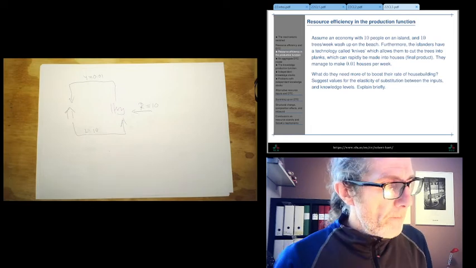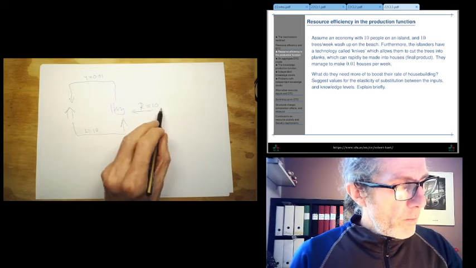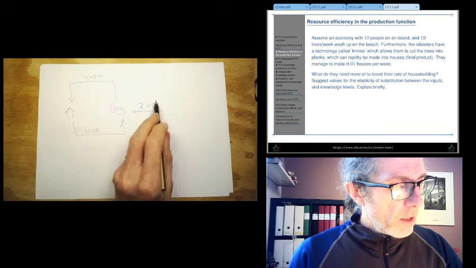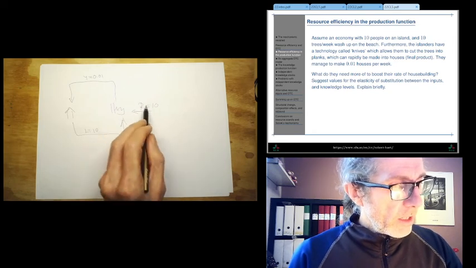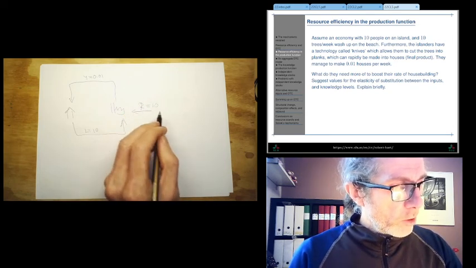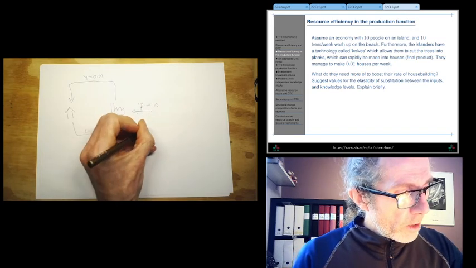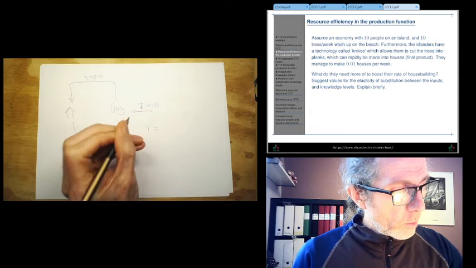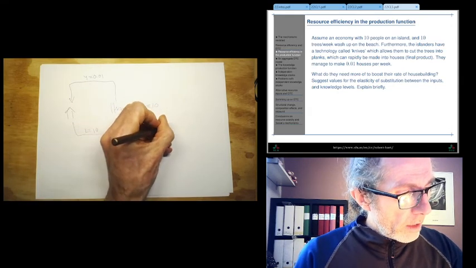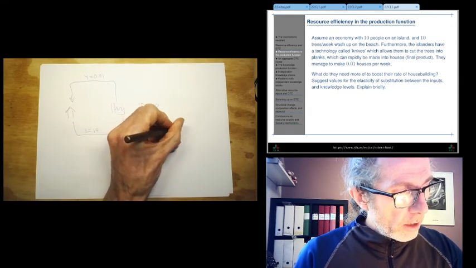If we imagine these being completely in excess supply, then we can drop them from the production function because they're not limiting. So then we could have a production function which was Y equals A_L L.